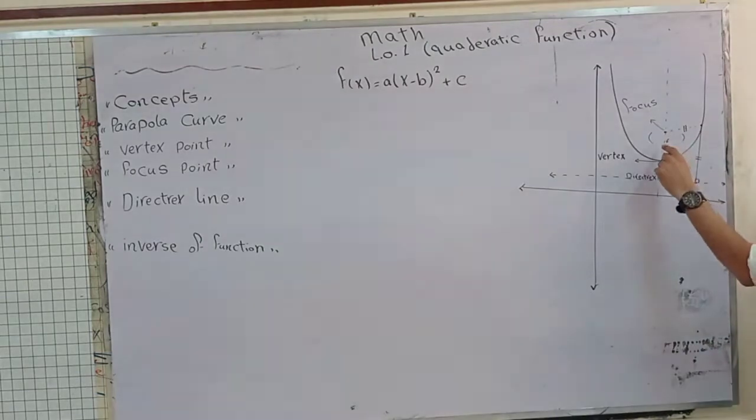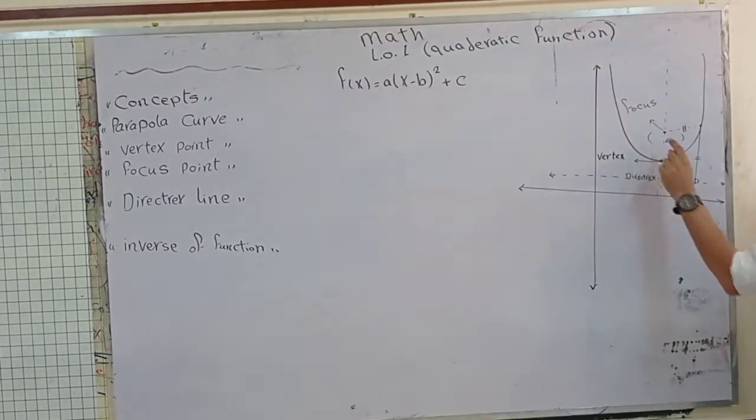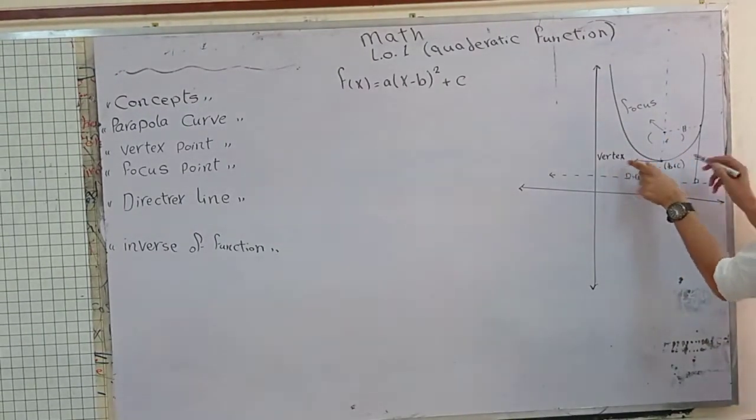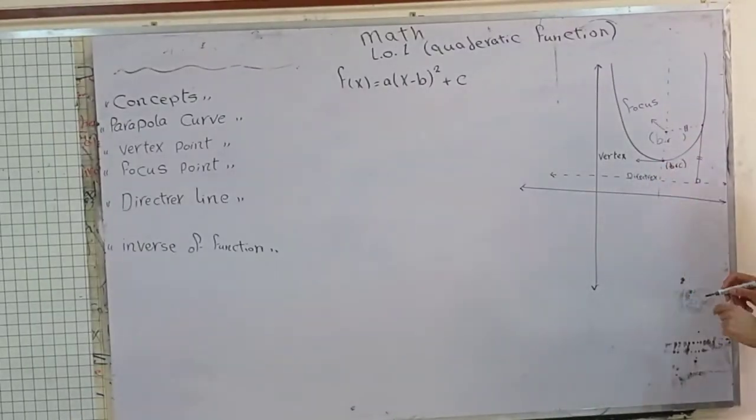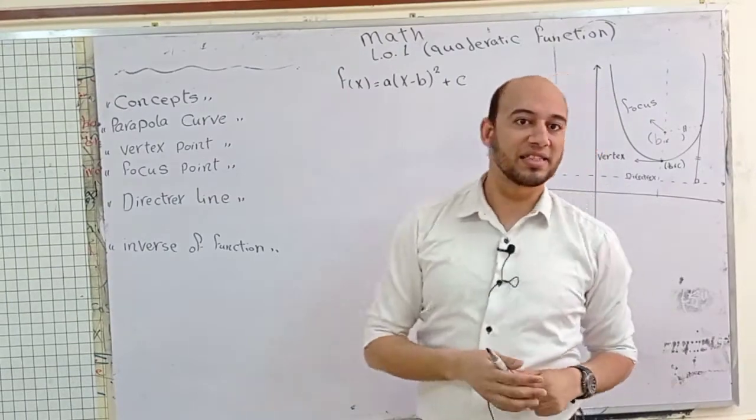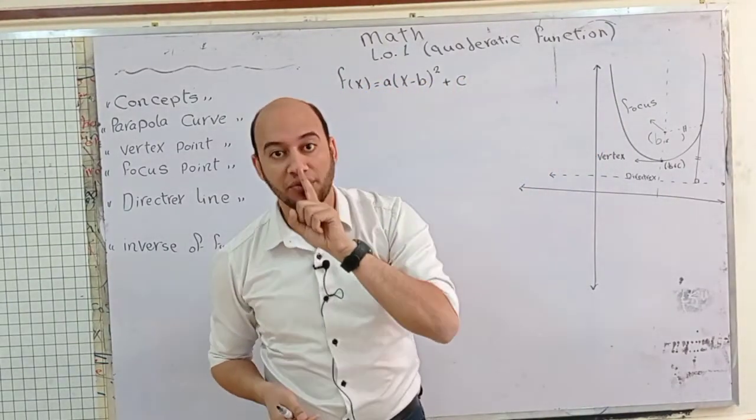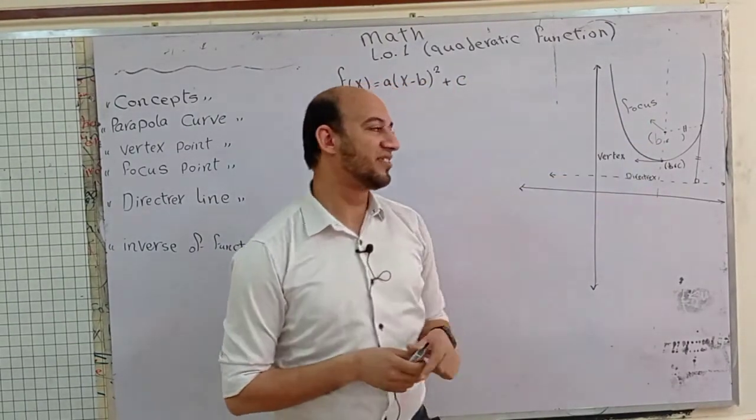Then the focus point's x coordinate will be the same as the vertex's, which is b.